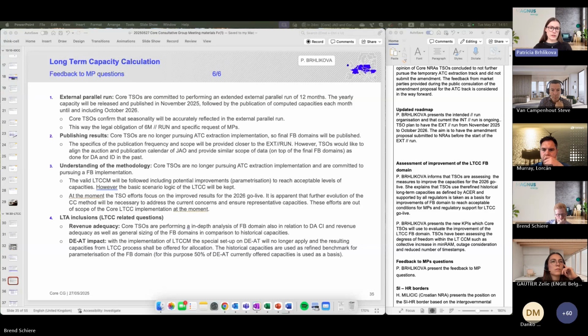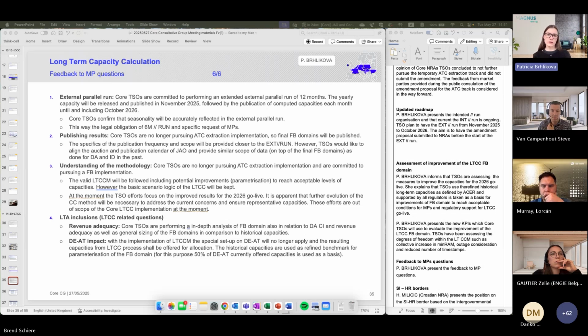On the next one, there was a question about the understanding of the methodology and what should be applied. As already mentioned, the ATC extraction implementation track was abandoned, and TSOs are fully pursuing the flow-based implementation. Currently, the valid long-term capacity calculation methodology will be followed, including potential improvements.